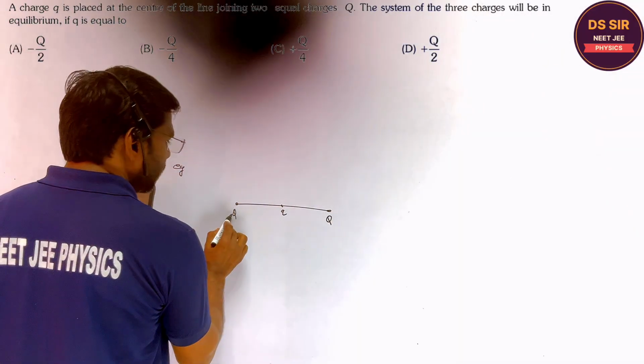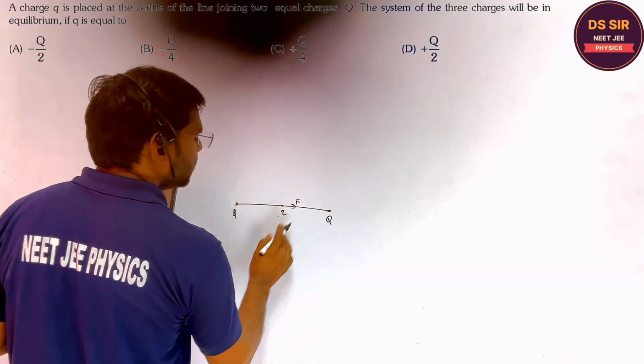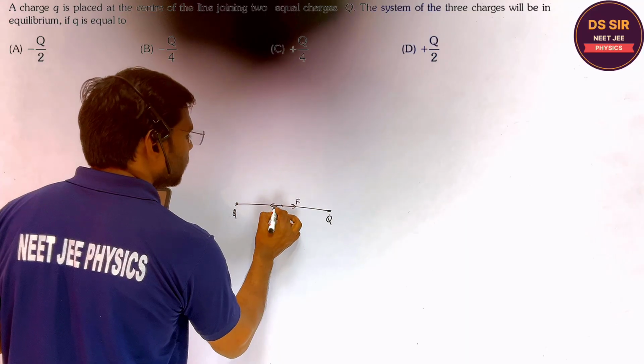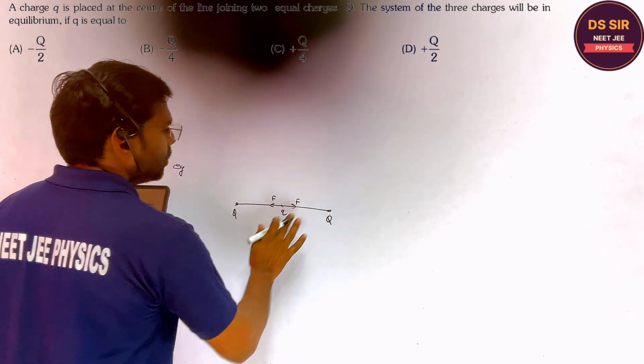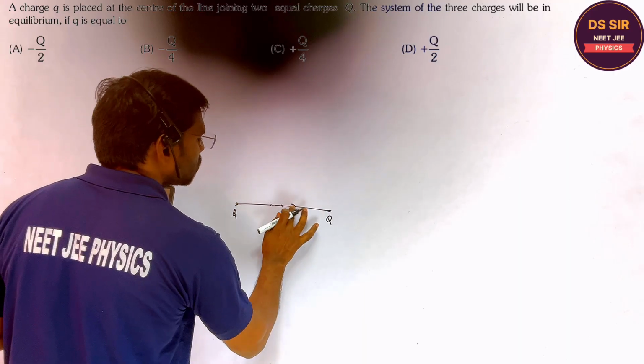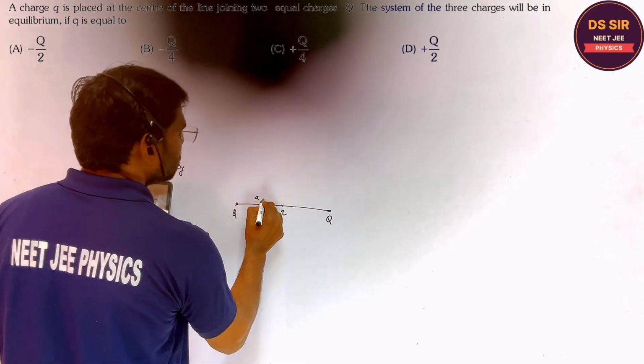Listen one thing. Because of this charge, the force will be F in this direction, and because of that charge, the force will be in the opposite direction. So this charge particle is at rest, in equilibrium. Suppose this distance is a.